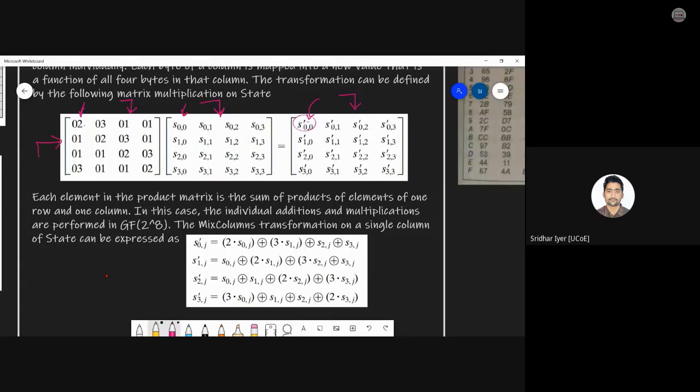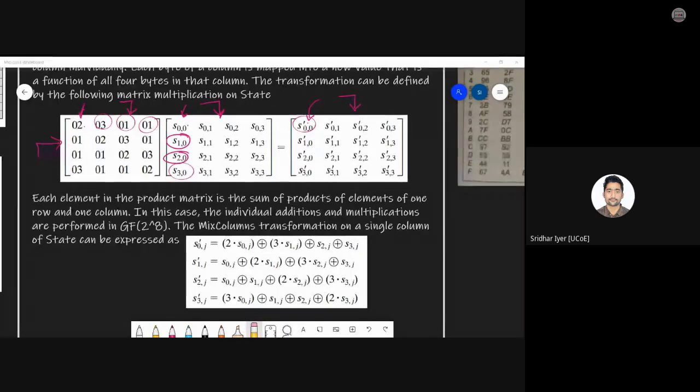That is 02 into this. In matrix multiplication, what we do? We add a plus in between. So instead of that plus, it will be XOR 3 into this, XOR 1 into this, XOR this 1 into 3. Am I clear? Is it clear? So instead of plus, you need to use the concept of XORing.